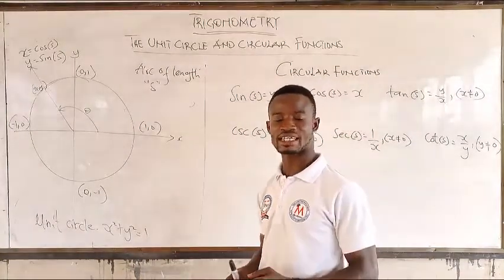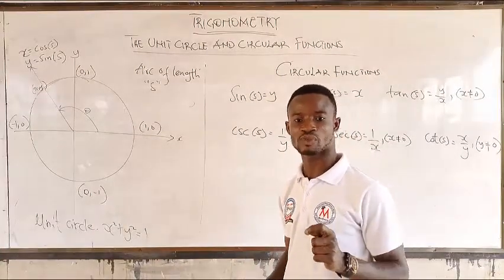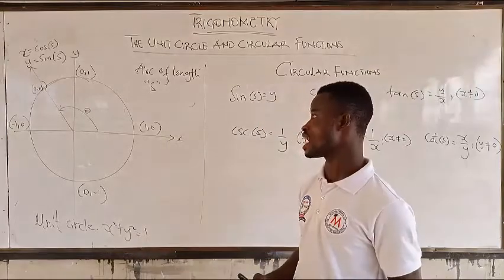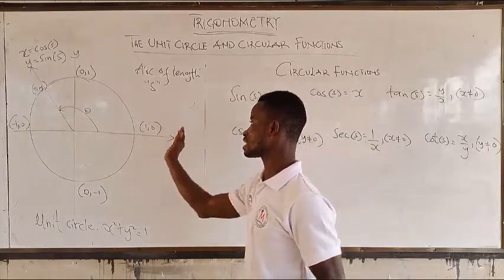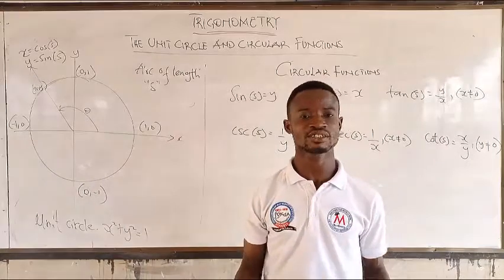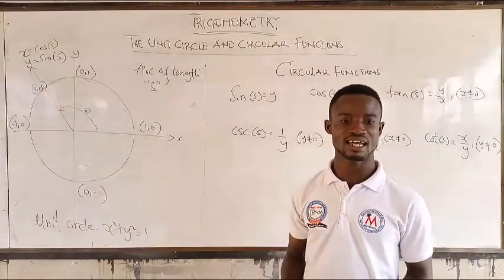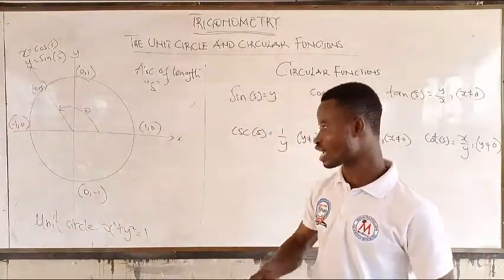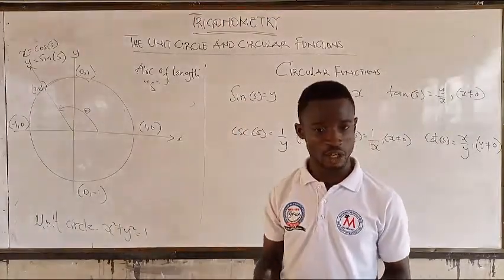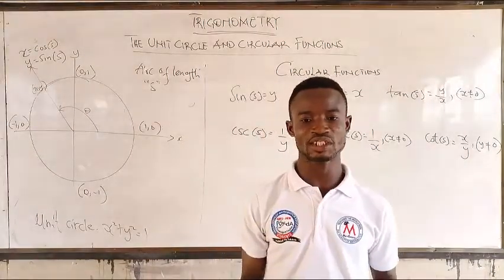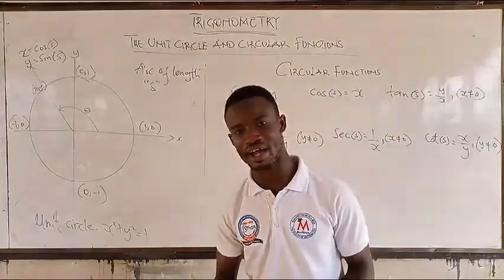Now here it must also be taken note that it is first starting at (1, 0), then it's measured like that. But take note that if S is greater than 0, then the arc length is measured in a counterclockwise direction. Make sure that you write that down. If X, that is the arc length, is greater than 0, then the arc is measured in a counterclockwise direction, and that is the anti-clockwise direction.